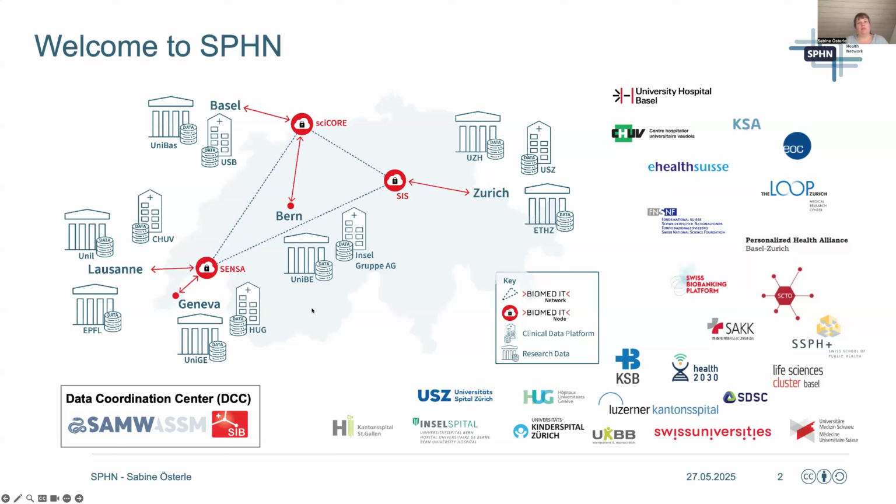Before I give you an introduction to the SPHN metadata catalog, a few words about SPHN in general. SPHN, the Swiss Personalized Health Network, was founded 9 years ago, and it encompasses different players around healthcare research in Switzerland, ranging from university hospitals to cantonal hospitals, but also other players like the Swiss Clinical Trial Unit or the SAKK.